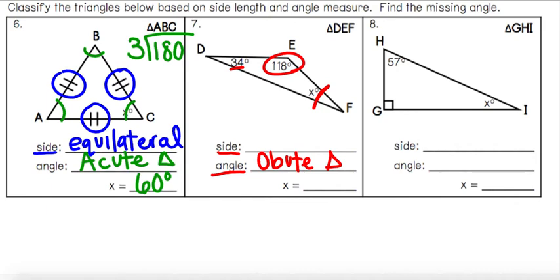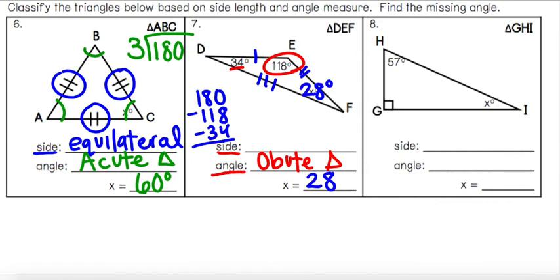How we do that is we take 180 and subtract 118, subtract 34, and when we do that, you get a total of 28. So that means angle X is 28 degrees. It's different than 34 and different from 118. So when you have all angles that are different, it means all sides are different. And we call that a scalene triangle.